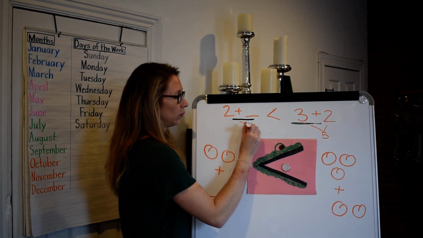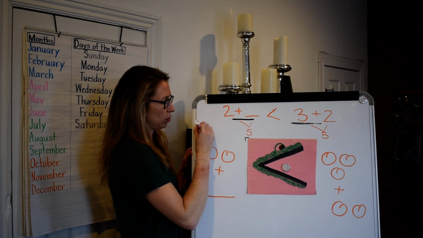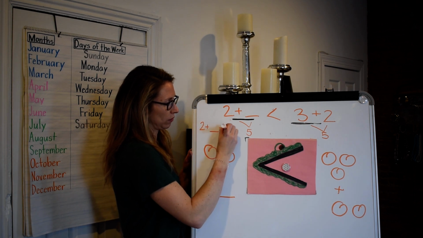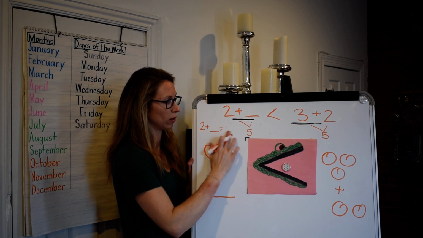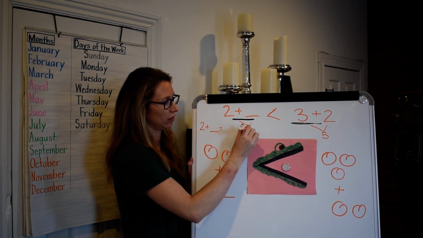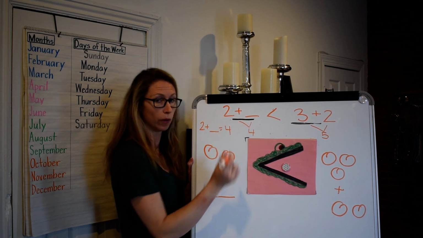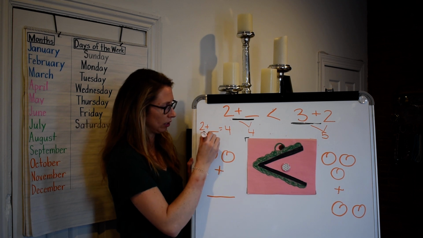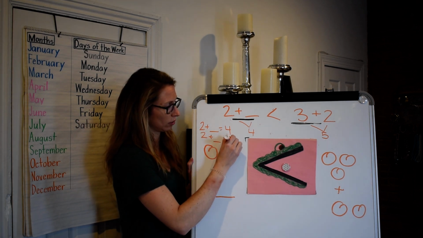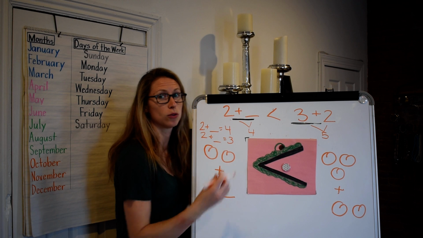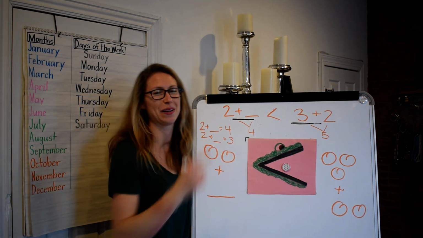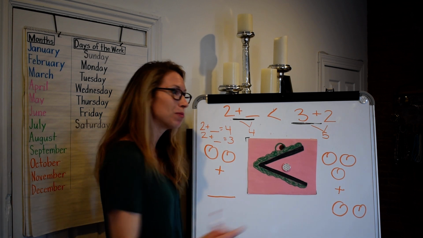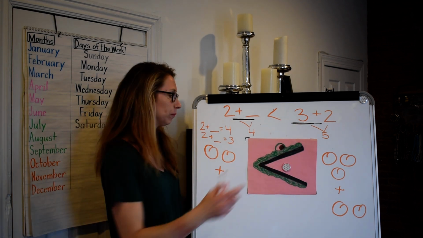So it's like thinking 2 plus what equals 5. We can't have it be true, we need it to be one smaller than 5. So it could either equal 4, 3, 2, or 1. Well, it can't equal 1 because it already is 2. But it has to be smaller than 5 to make it true.